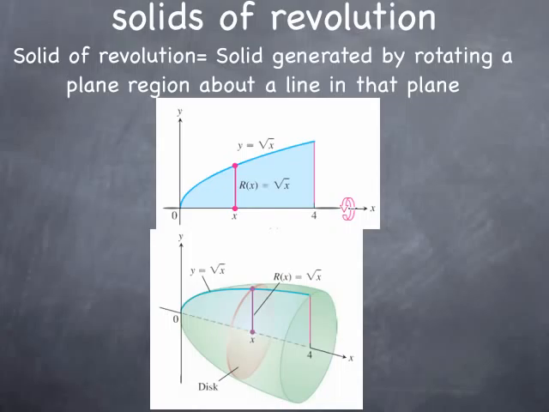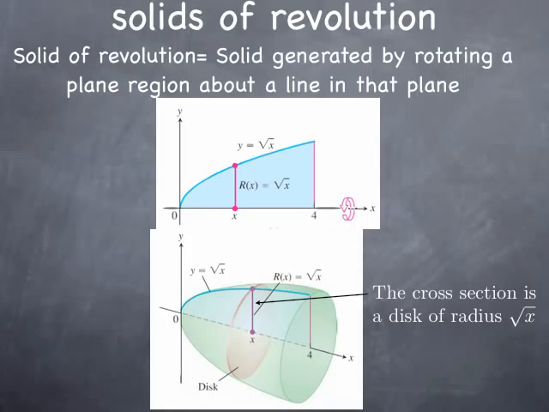So we rotate this line segment around the x-axis, we obtain a disk as shown on the picture below. And all we need to know about a disk to know its area is its radius. And you see that the radius of the disk is really the length of that red segment, and that's just square root of x. In other words, the cross-section here is a disk of radius square root of x.